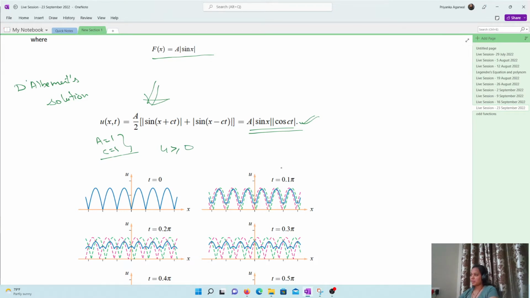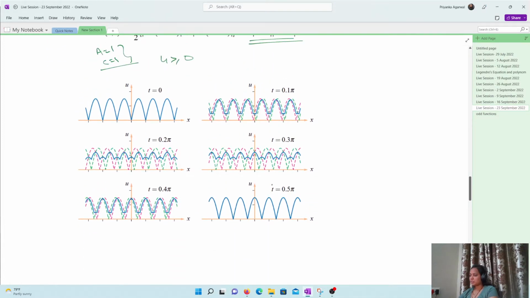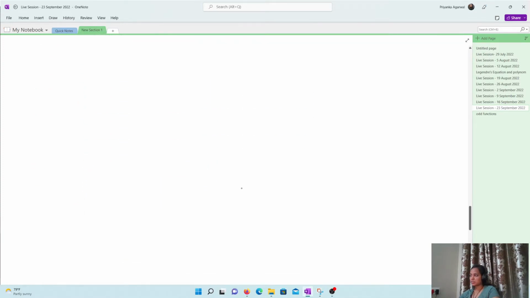And if you plot it for various times, you see that the amplitude is between 0 and 1. And it is only about this. Okay, so this is the solution for this particular case.